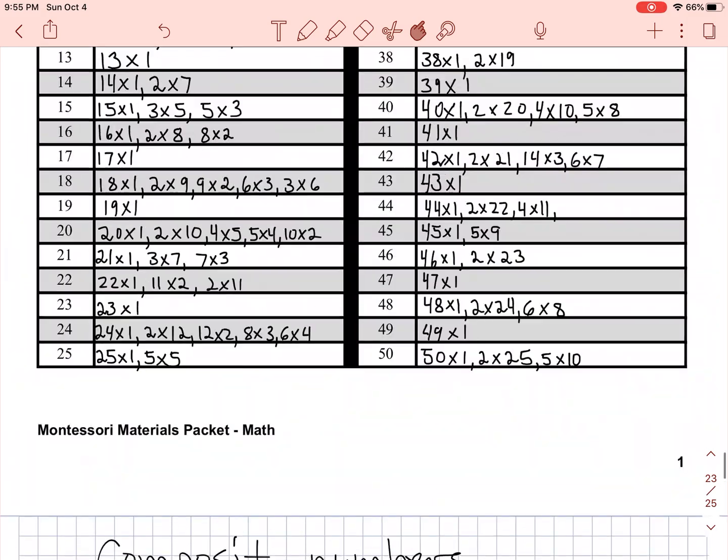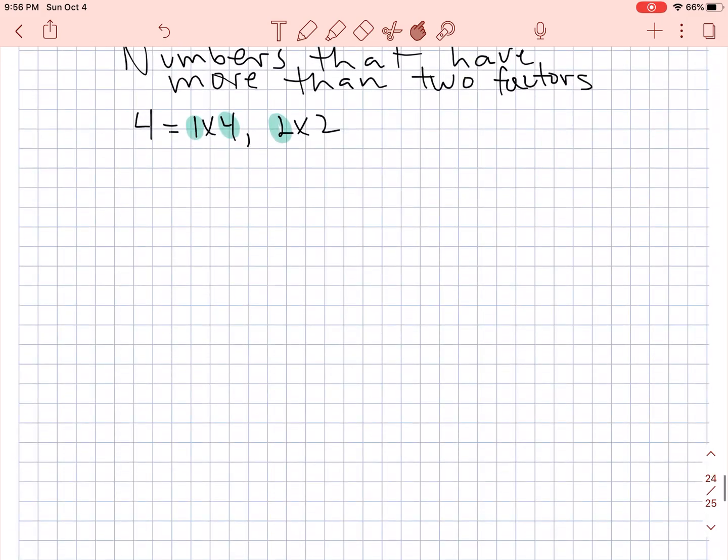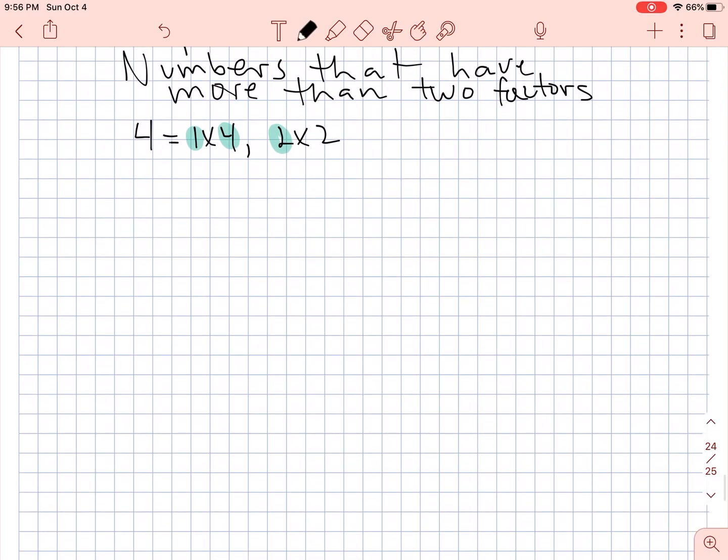But those other numbers, like the number 3, the only way you can make 3 is 3 times 1, or 1 times 3. It only has 2 factors. As a special name, we call that a prime number.